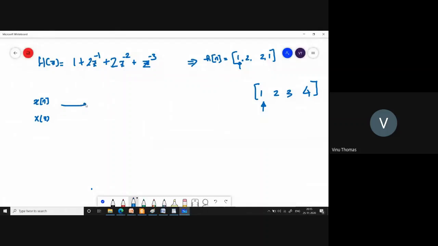How many delay levels do you require now? You require 3 delay levels, each raised to the power of minus 1. These are to be multiplied by 1, 2, 2, and 1.